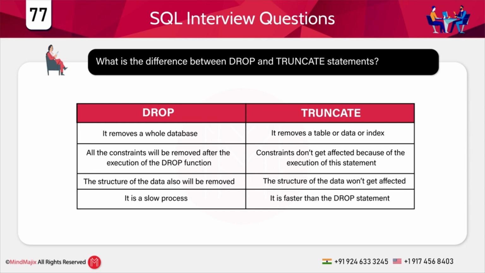And if you talk about the truncate statement, constraints don't get affected because of the execution of truncate. In case of the drop statement, the structure of the data will also be removed. And in case of truncate, the structure of the data will not be affected. The drop is a relatively slow process, whereas the truncate is faster than the drop statement.